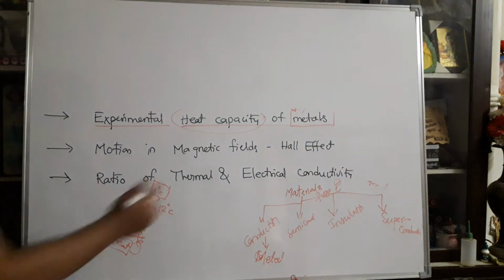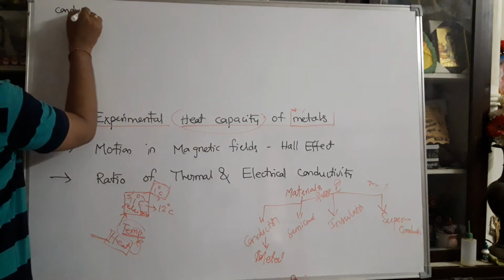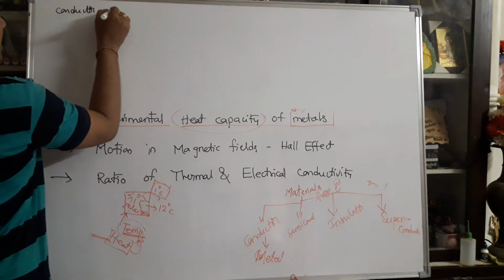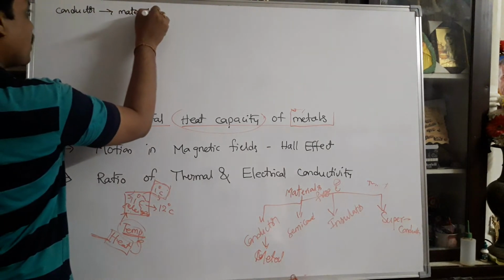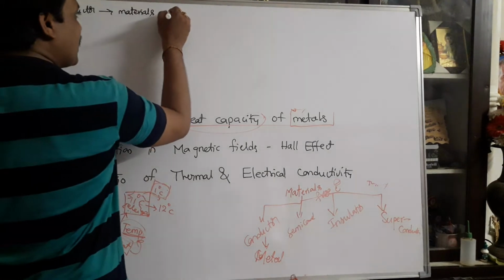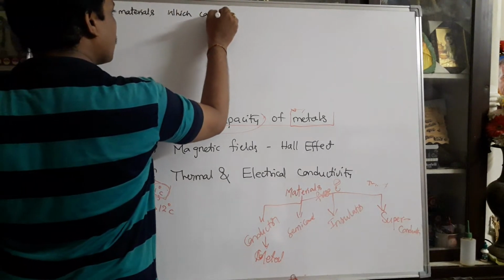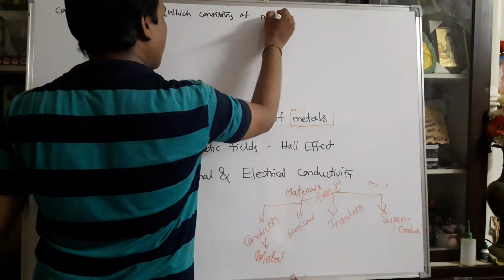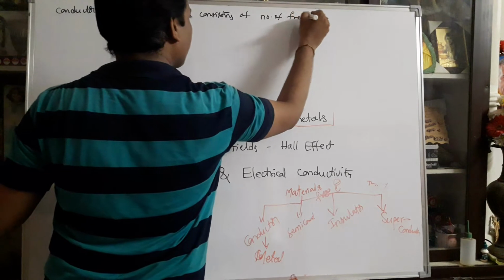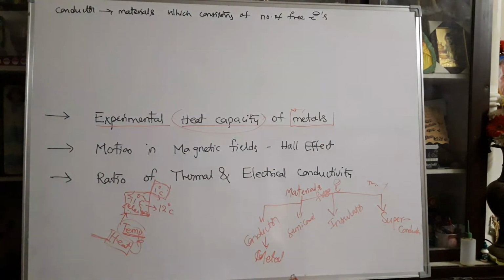So from the material point of view, the first type can be taken as conductors. What are conductors? These are the materials which consist of a number of free electrons.